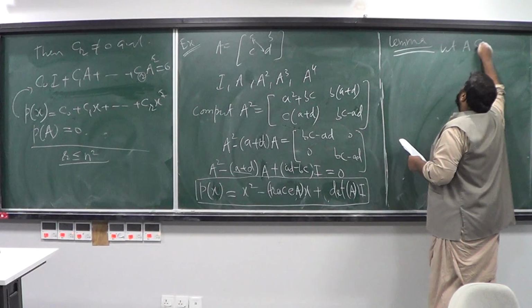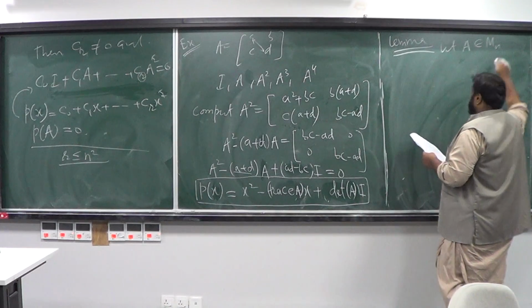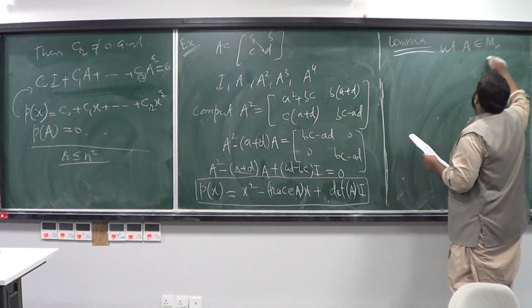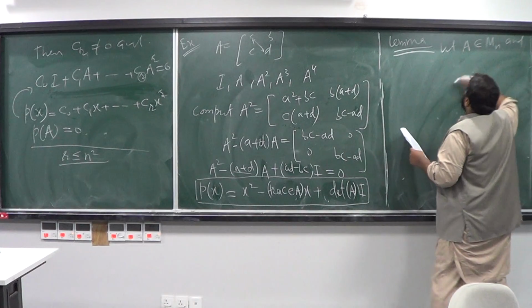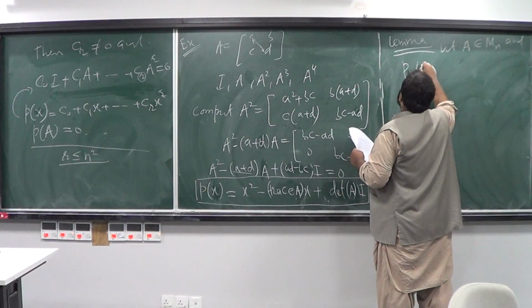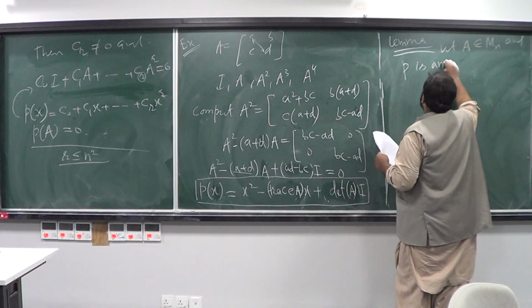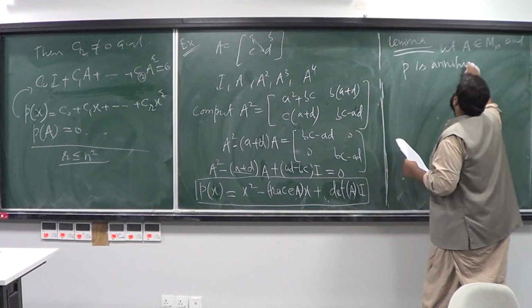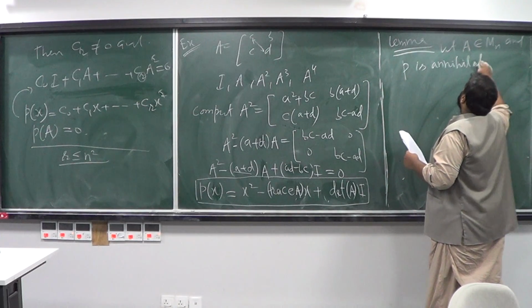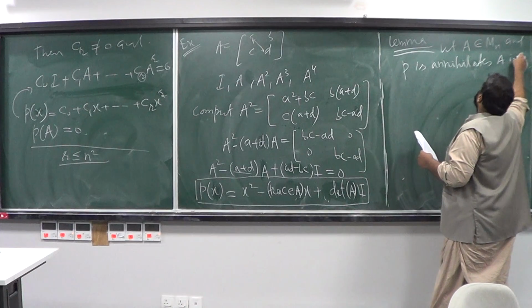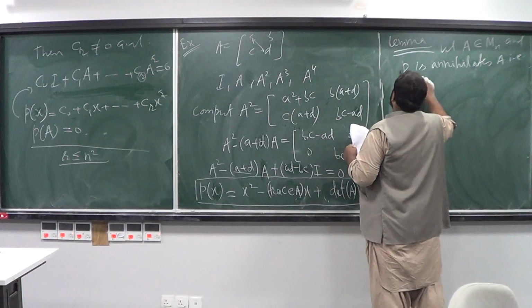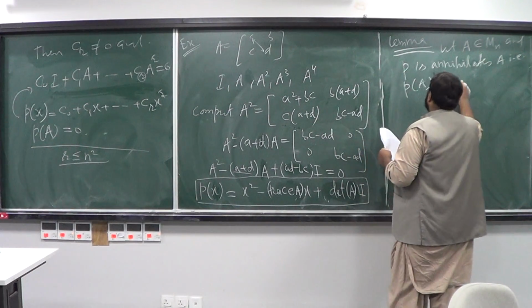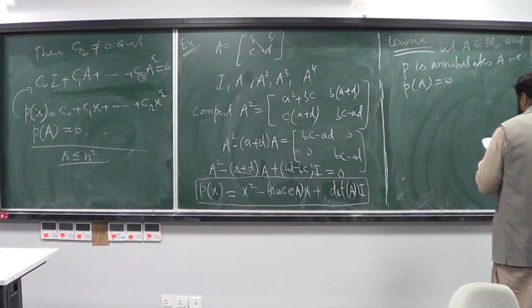So say A is an n by n matrix and P is an annihilating polynomial of A. P annihilates A. That is, P of A is 0. Okay?